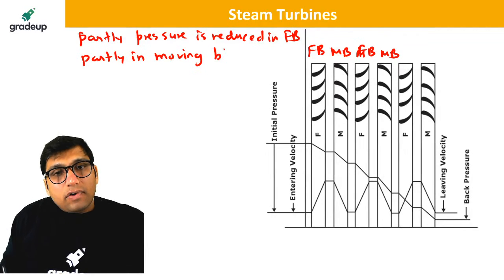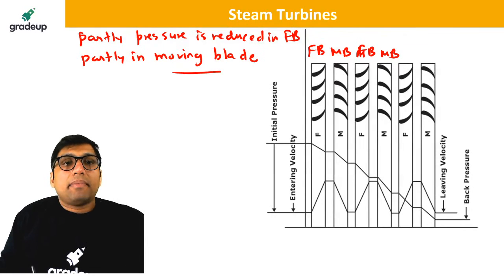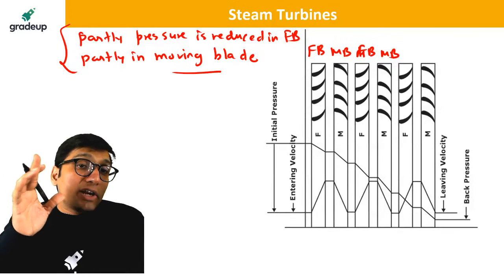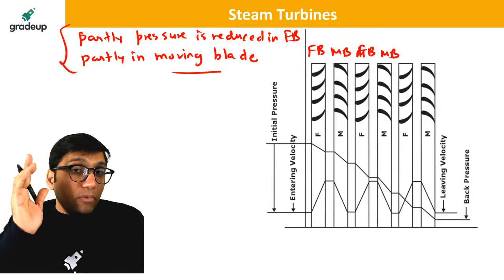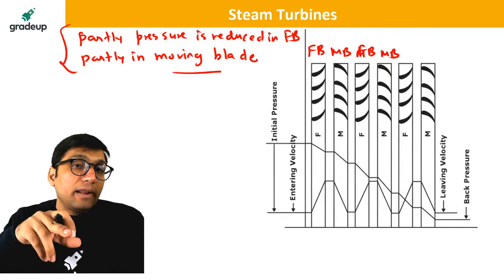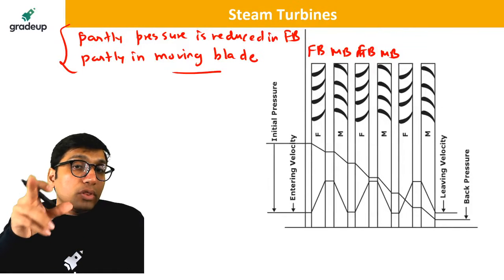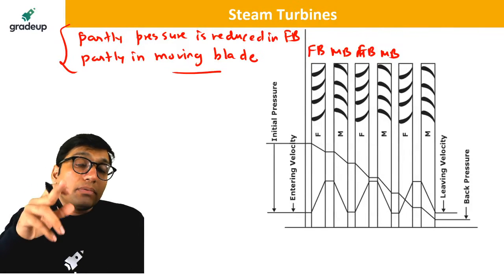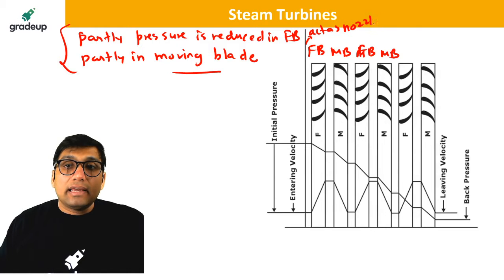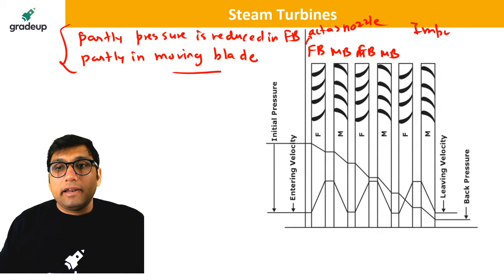That is the difference between the impulse turbine and reaction turbine. In the impulse turbine, complete pressure was getting reduced in the nozzle, and in the moving blade the pressure was constant. But in the case of a reaction turbine, pressure will be reduced in both fixed blade and moving blade. Here the fixed blade will act as a nozzle in the case of the impulse reaction turbine.